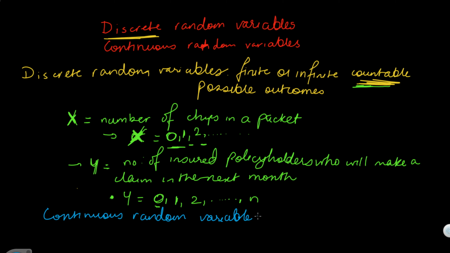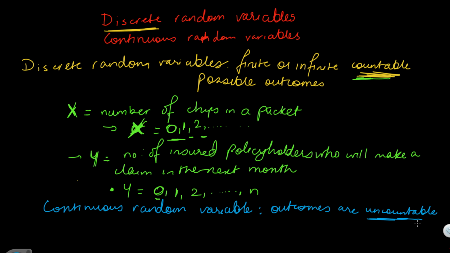All the outcomes of that particular random variable can be described on a number line, but they can't be counted on fingertips. So the outcomes are uncountable. That's the keyword here. So what would be an example?